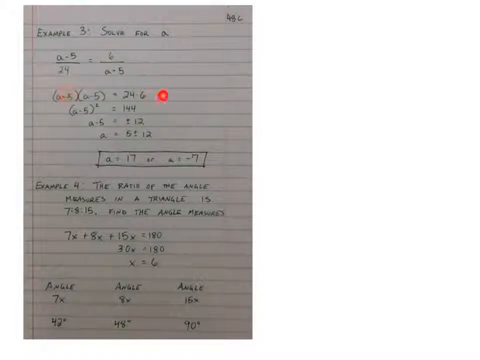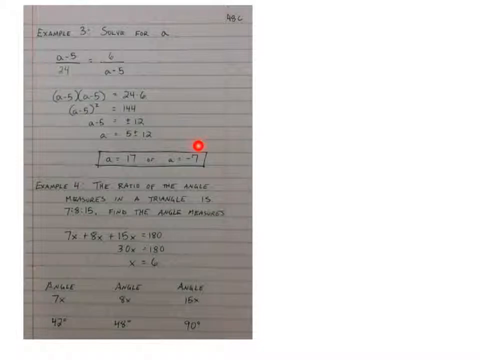And if we write that out, we can write the left-hand side as a minus 5 squared, and the right-hand side is 144. From there we can take the square root of both sides and we get a minus 5 is equal to plus and minus 12, and finally a is equal to 5 plus or minus 12, and we get that by adding 5 to both sides, which means either a is 5 plus 12, 17, or a is 5 minus 12, negative 7.